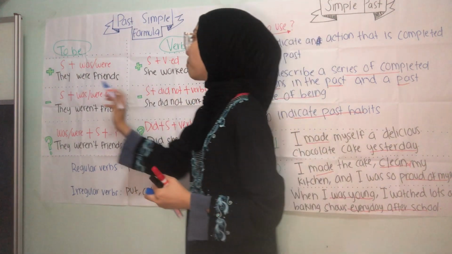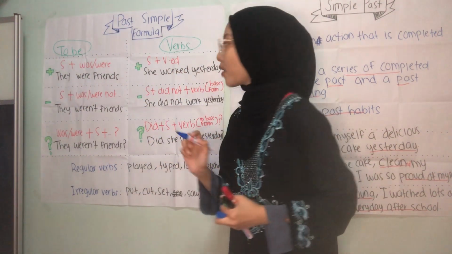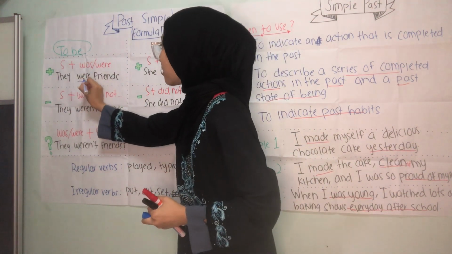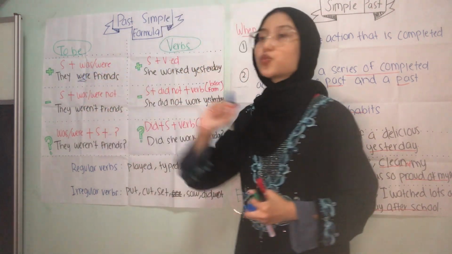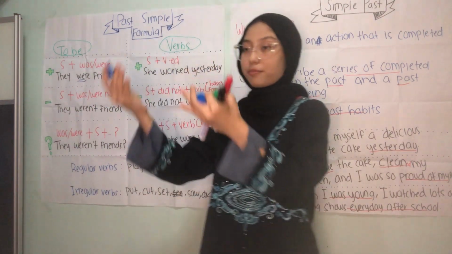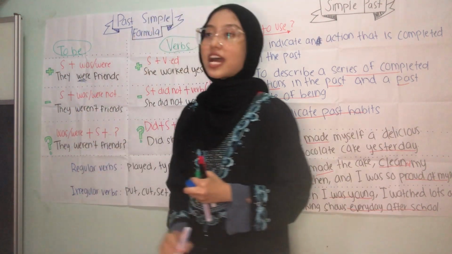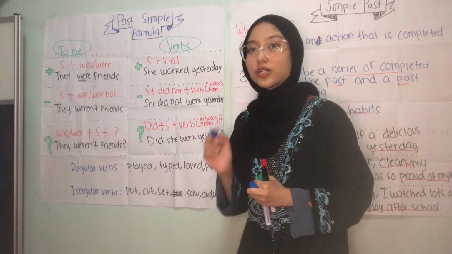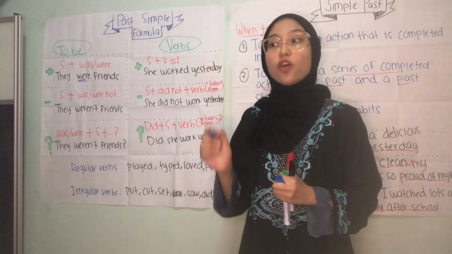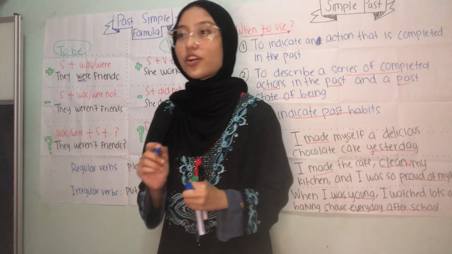For example, they were friends. Why do we use were? Because it happens in the past, and because it is plural. Remember, we use were for plural and was for singular.